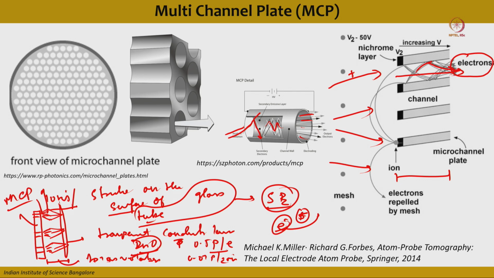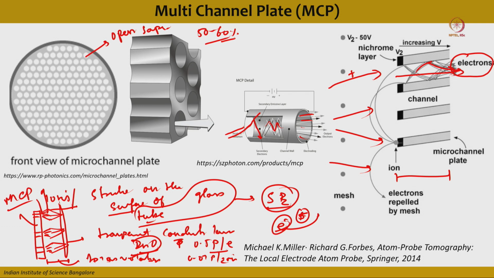As common sense, we can see that the detection efficiency of an MCP can be directly correlated to the area of open channels across the MCP plate. The fraction is usually around 50 to 60% open channels on the MCP plate.